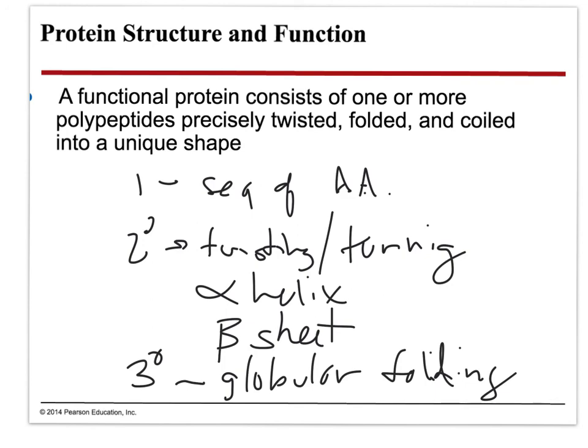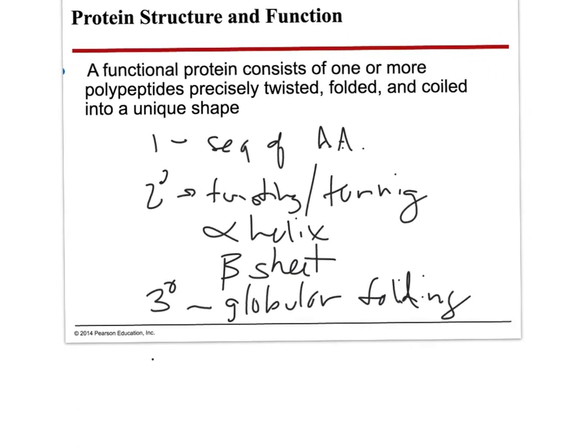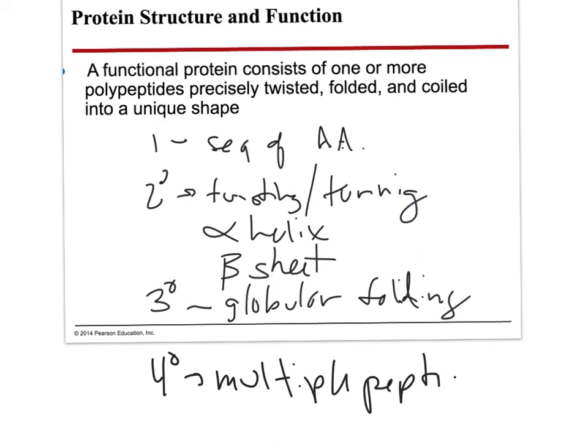Because we have one more step of protein structure, and that's quaternary structure. The fourth step is that multiple polypeptides come together to form a functional protein. The best known example is hemoglobin.